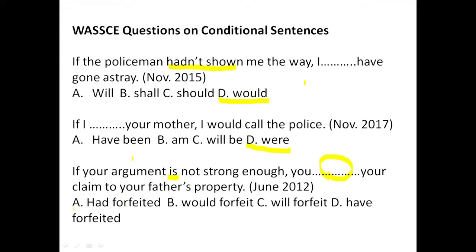No, we are not dealing with condition 3. B would forfeit. No, we are not talking about condition 2. C will forfeit. It's fine. We are on to our condition 1. Have forfeited. No, so we'll forfeit. If your argument is not strong enough, you will forfeit your claim to your father's property, of course, you see.